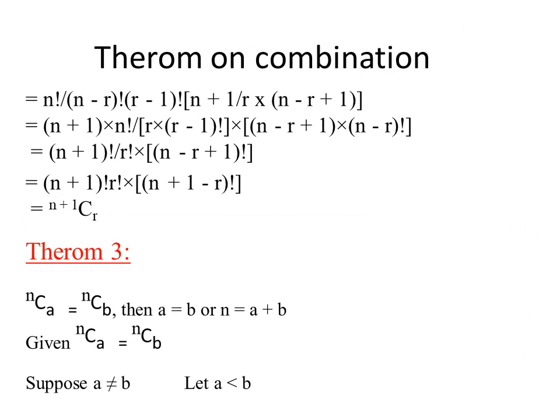Therefore, n factorial over (n minus r) factorial into (r minus 1) factorial into (n plus 1) by r into (n minus r plus 1).